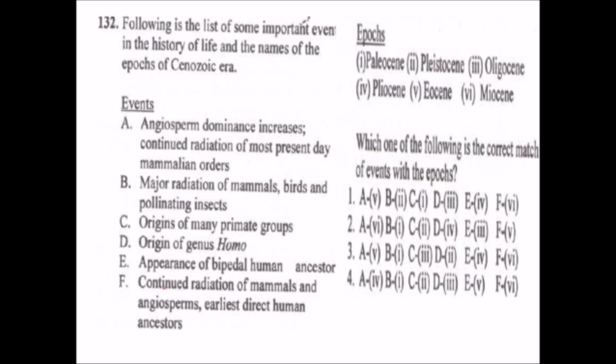Next question is from evolution. Following is the list of some important events in the history of life and names of the epochs of the Cainozoic era. I'm directly telling you the answer because this question is based totally on your memory.